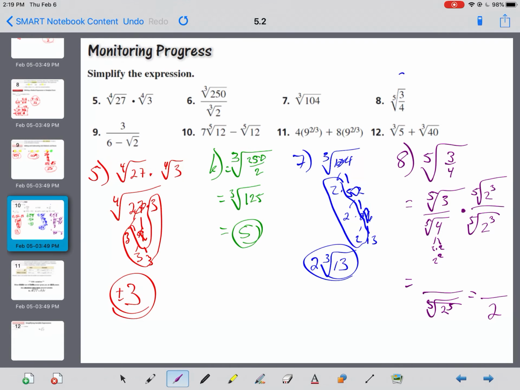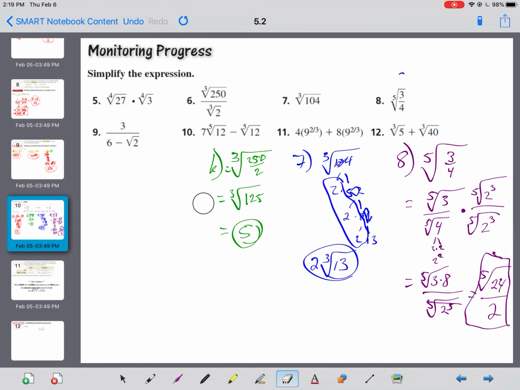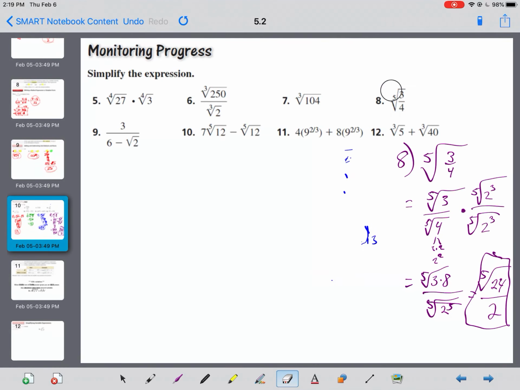And when I do 2 to the third up here, 2 to the third is 8, so that's technically the fifth root of 3 times 8, which is the fifth root of 24. And it doesn't go any further than that because it's only 3 2s and 1 3, and we need 5 of each, so that's as small as it gets on those. All right, so that is 5 through 8.